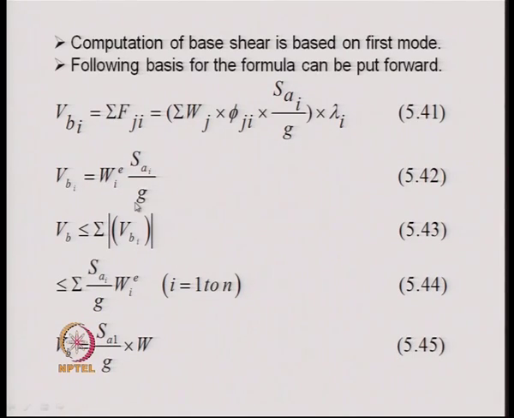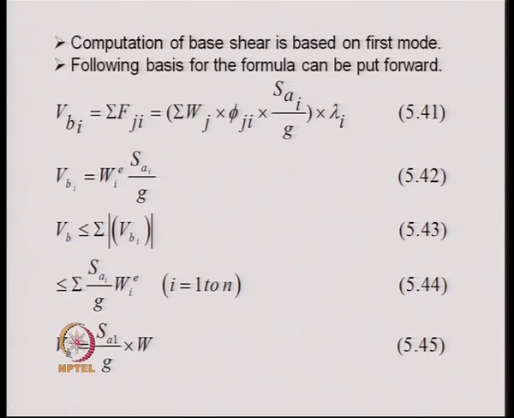Now, if we carry out the ABSSUM technique, then the base shear that we obtained in the ith mode, the absolute value of this, is simply added for all the modes, and that gives an upper bound to the actual base shear, because we have discussed before that the ABSSUM method provides a conservative estimate of the response quantities.